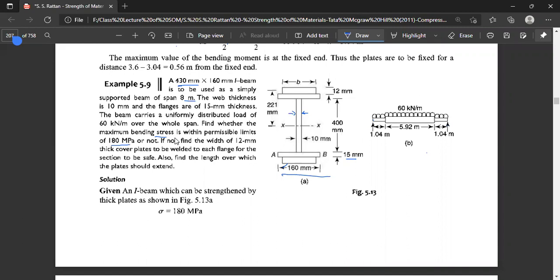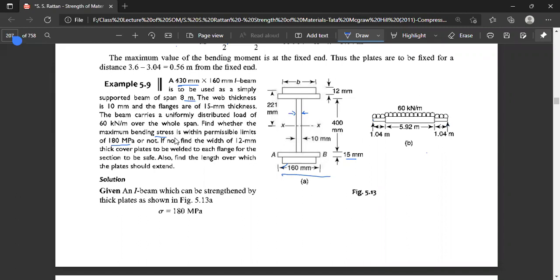First of all, we have to find out whether the load of 60 kilonewton per meter distributed over the whole length is safe for the beam, because the permissible limit is given as 180 MPa. If it is not safe, then we are supposed to find the width of a 12 millimeter thick plate. The thickness is given, but the width is not.